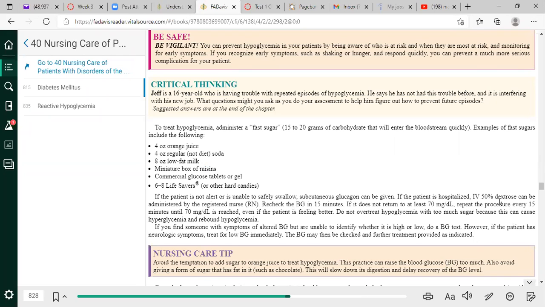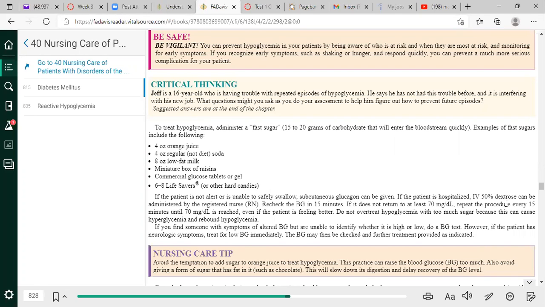What is dextrose? What is IV dextrose? Anytime you hear the word ending in "ose", you want to think sugar. Fructose, glucose, lactose, dextrose. You want to think sugar.